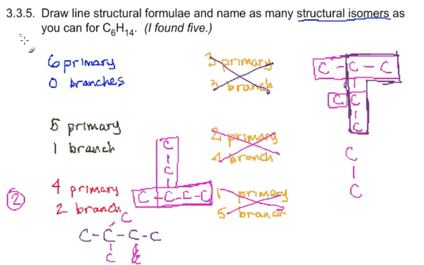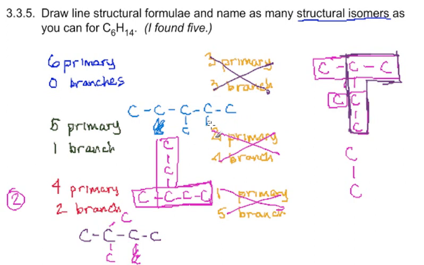If we go to a 5 primary, okay, for colors, 1, 2, 3, 4, 5. Now we have 1 carbon we can put in a branch. Where could we put it? We can't put it on here, or we've just made hexane. We could put it here, and that would be 2-methylpentane. Or we could put it here instead, and we'd have 3-methylpentane.